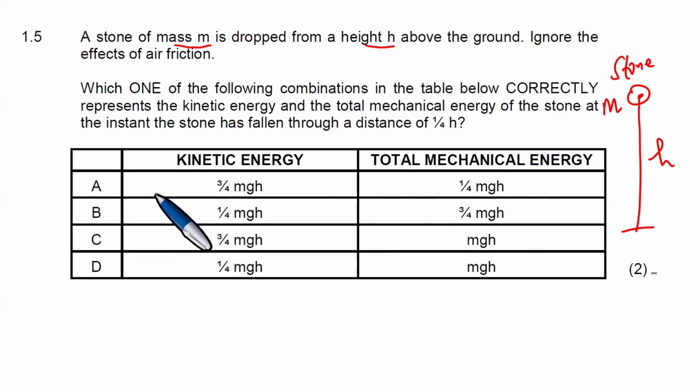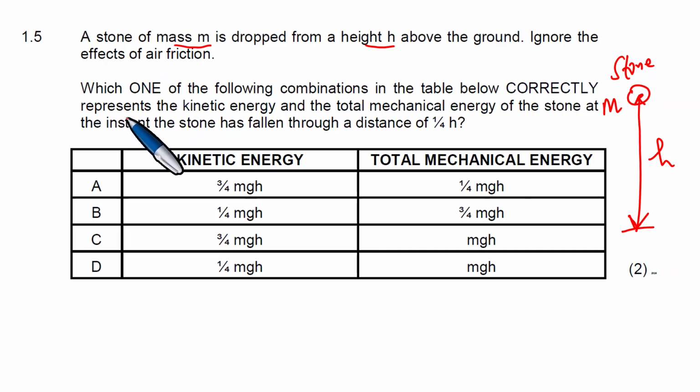A stone of mass m is dropped from a height h above the ground. Ignore the effect of air friction.